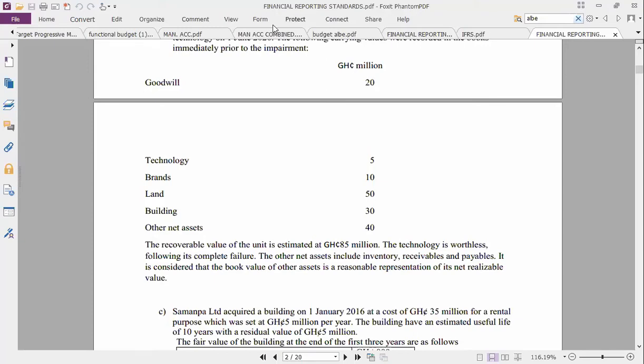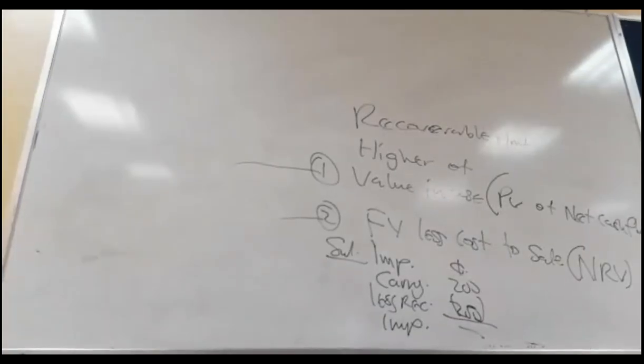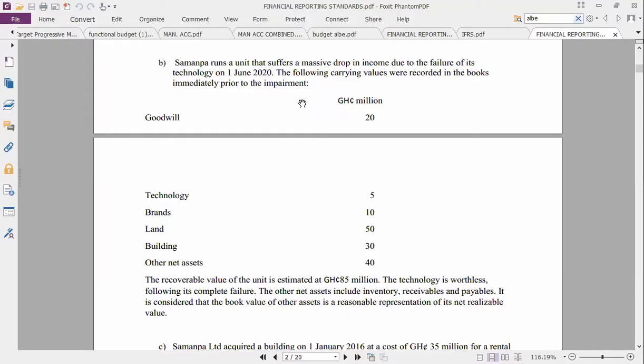So first step, there's an indication, right? So step one, indication. Yes, there's an indication. What suggests that impairment might have taken place? In the question, if you read the top, they said that Samampa runs a unit that suffers a massive drop in income due to failure in technology.